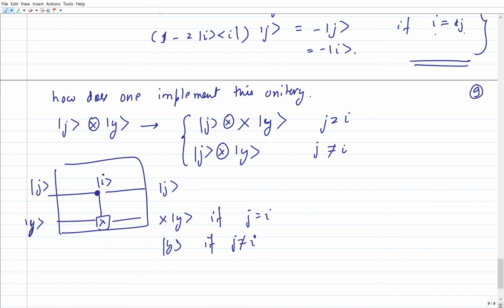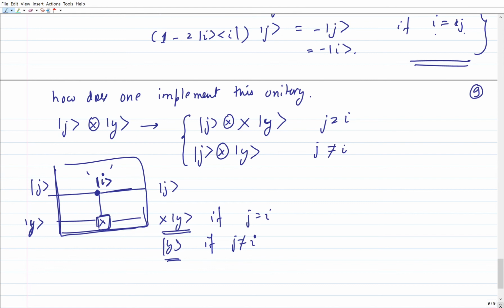This is kind of an oracle problem, and that's why it's called the query model. How many times will you have to ping this machine? Whenever J is equal to I, the solution, this controlled-NOT will get activated and you'll get XY, otherwise you get Y. This is just a way to implement this unitary.